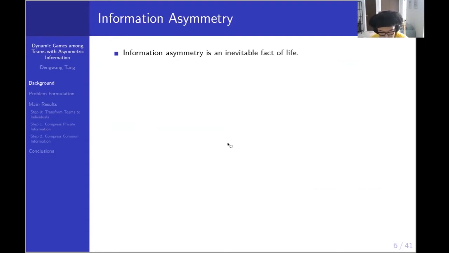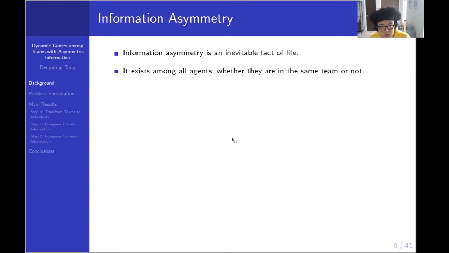Because of information asymmetry, both games and team problems become much harder due to the need of estimating other agents' information. In general, the information asymmetry will exist among all agents, no matter whether they are in the same team or not. Remember, we are talking about a setting where you have games of teams.